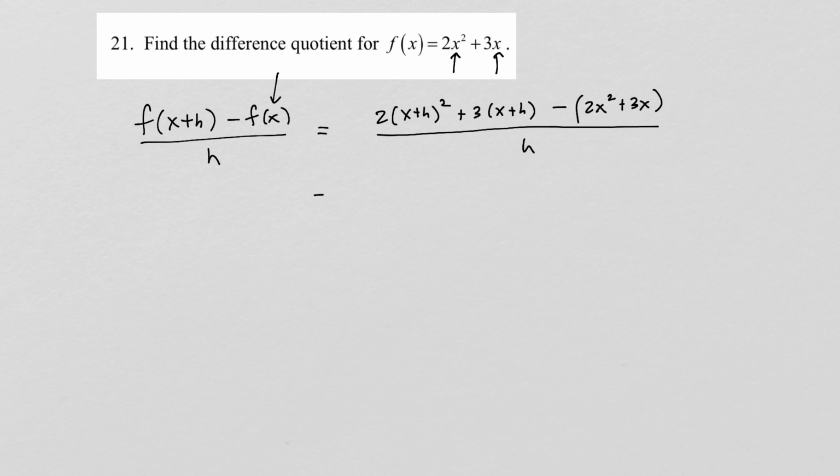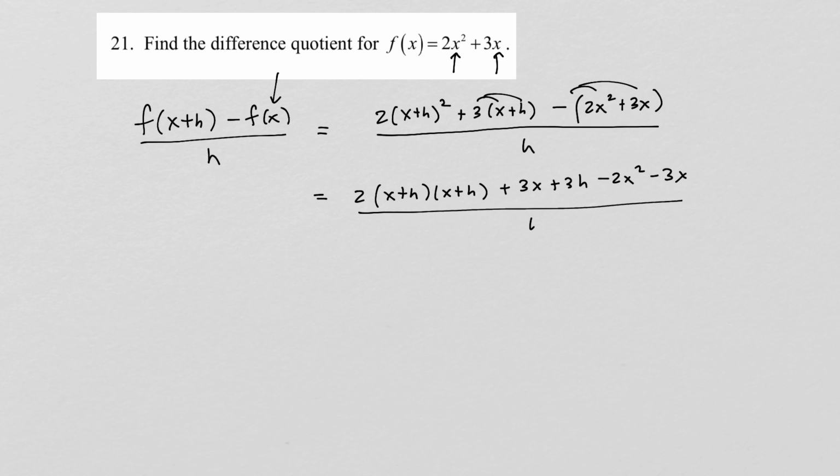So now we just need to simplify. This is 2 times x plus h times x plus h plus 3x plus 3h minus 2x squared minus 3x, all divided by h. So we just need to multiply this out.